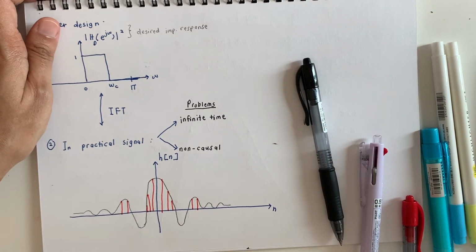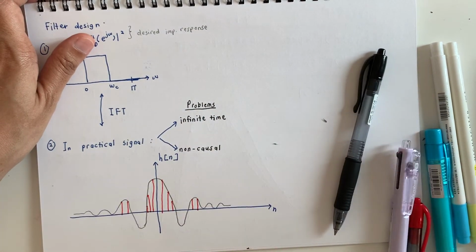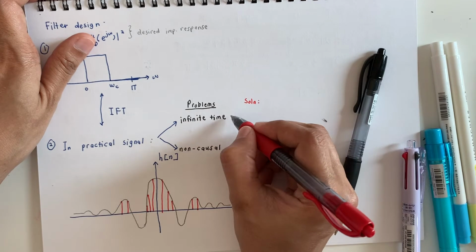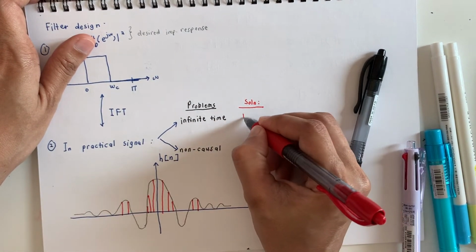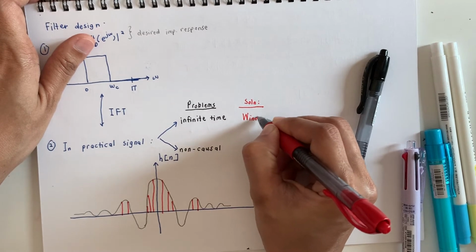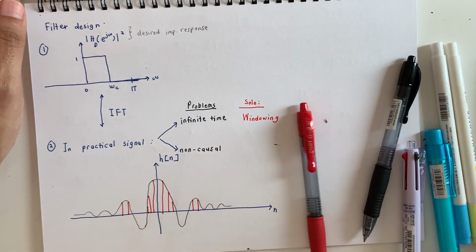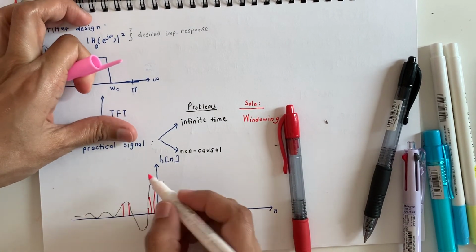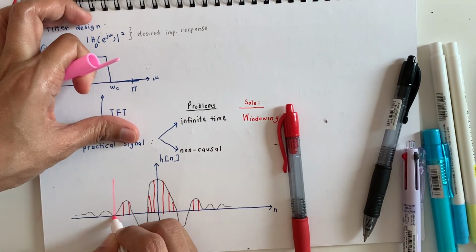So how are we going to solve the problem? Solution for infinite time: to solve infinite time, we need to do windowing. What is windowing? Windowing means we select our important information, our important signal.